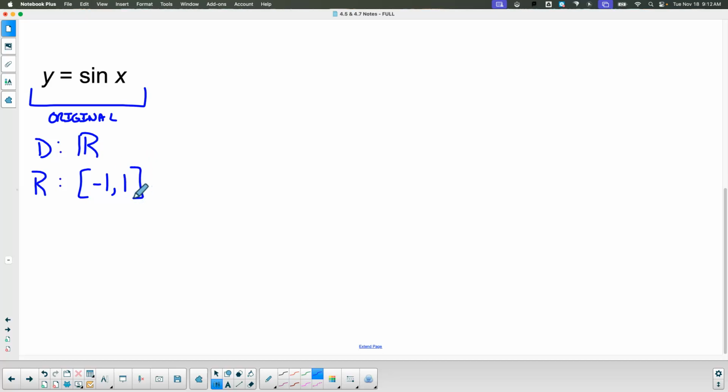Right? So if x and y switch to create the inverse, I would look like that, correct?